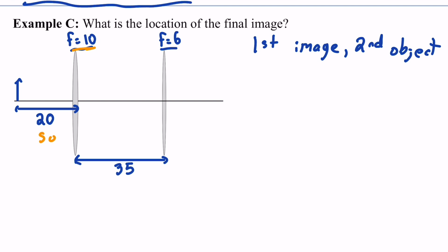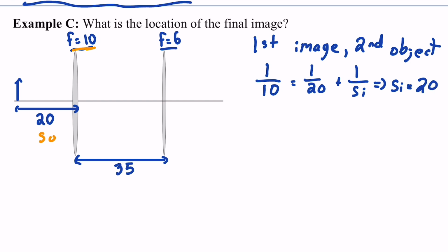So for the first lens, the lens equation says 1 over focal length, which is 10 for the first lens, equals 1 over 20, plus 1 over the distance between the first lens and the first image. And that's going to give an answer of 20, which means that the image is the same size as the object because it's the same distance.